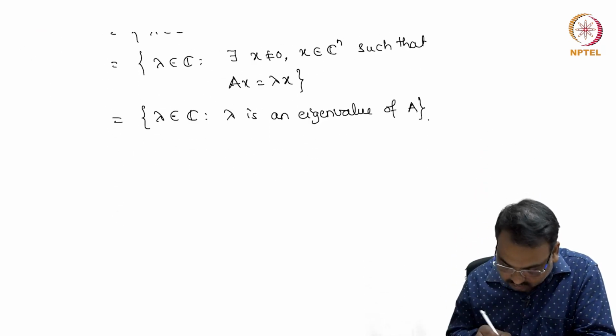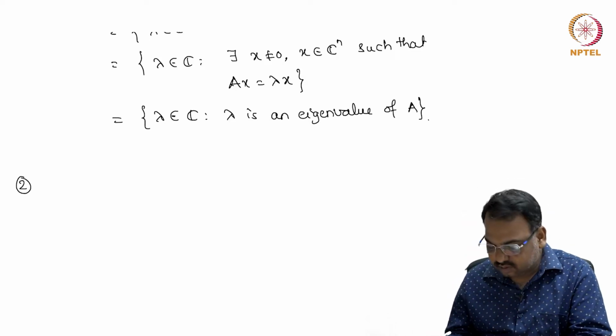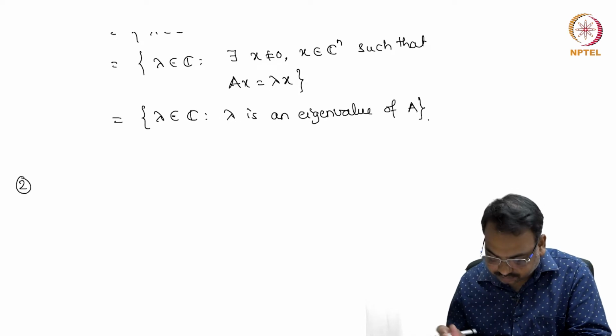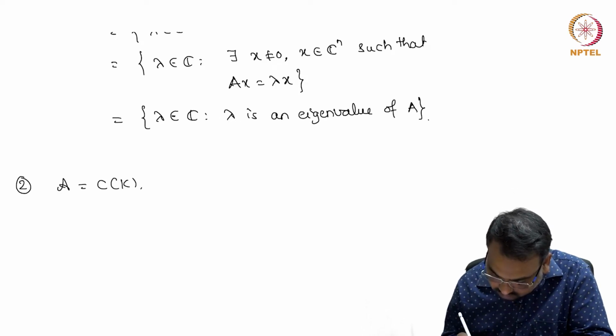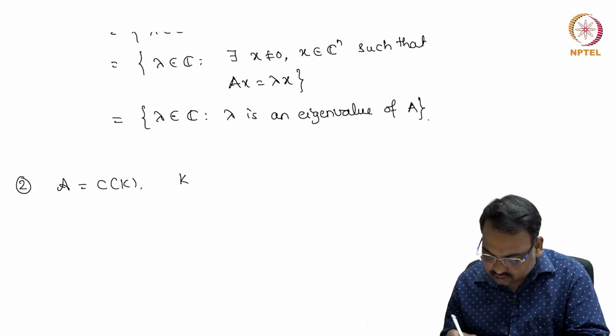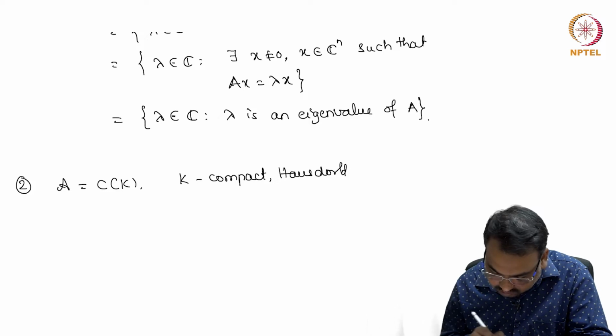Okay. Now let us look at the spectrum of an element in a different Banach algebra. Let us take A to be C(K), where K is a compact Hausdorff space. We have already discussed the invertible elements.